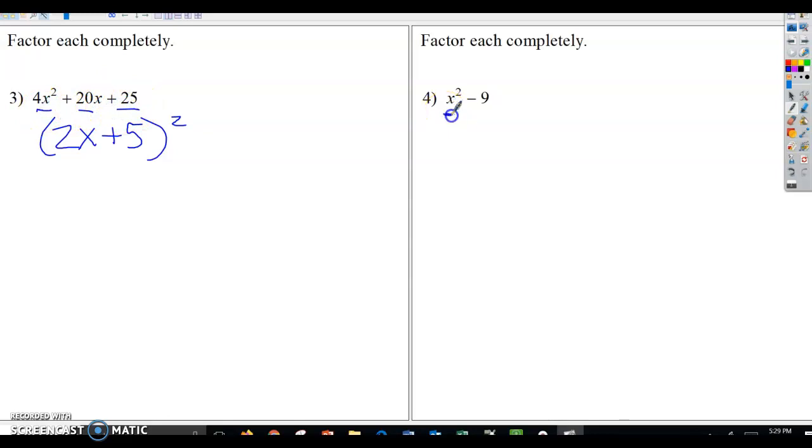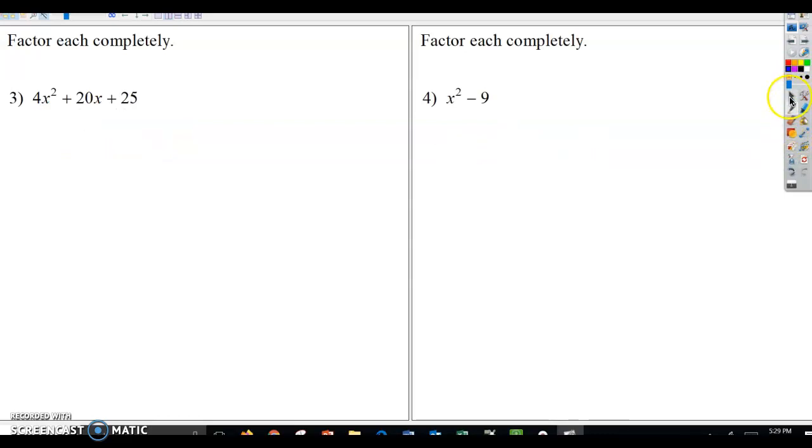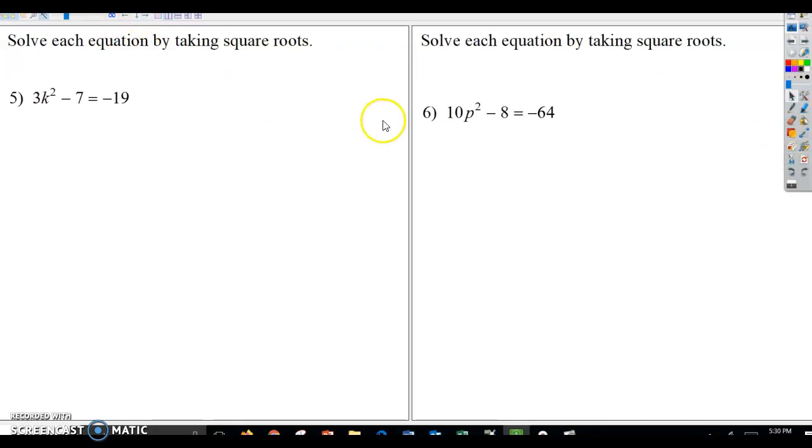And this is a difference of squares, 2 terms. So x plus 3, x minus 3. Again, if you know the form, you can go straight to the factored form. You can always check those by multiplying them out too, but hopefully those are not too difficult.